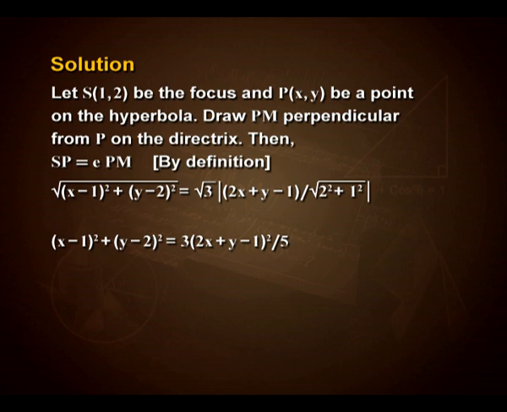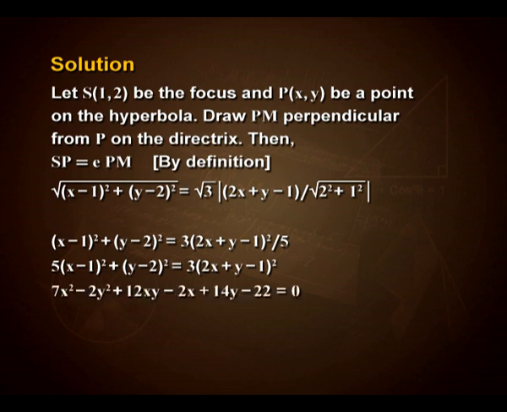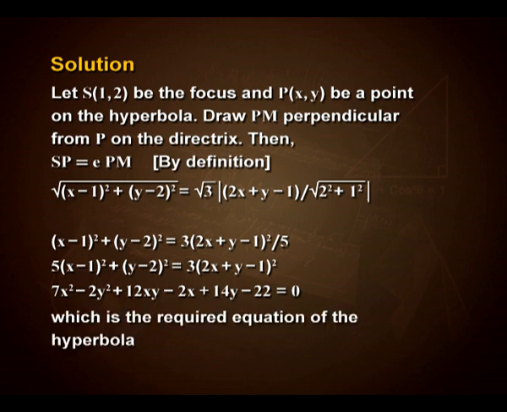On simplification we have 5 into [(x minus 1) whole square plus (y minus 2) whole square] is equal to 3 into (2x plus y minus 1) whole square. On solving we have 7x square minus 2y square plus 12xy minus 2x plus 14y minus 22 is equal to 0, which is the required equation of the hyperbola.